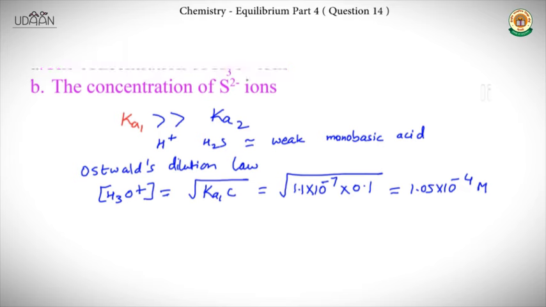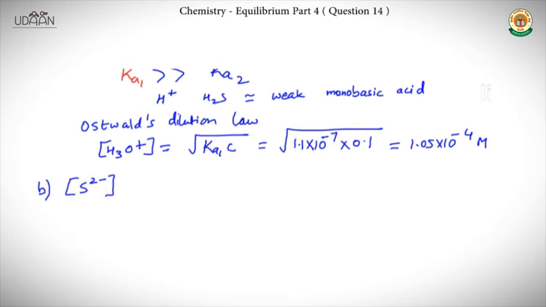Right. Now we come to the second part of the question, where we need to calculate the concentration of S2 minus ions. Now, for calculating the concentration of S2 minus ions, I need to take into account the second reaction. The second reaction, where HS minus dissociates to release H3O plus and S2 minus, is given by this.